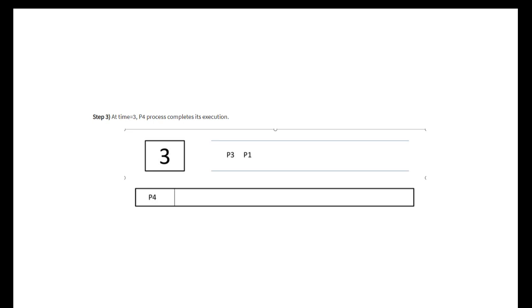Step 3, at time 3, P4 completes its execution.